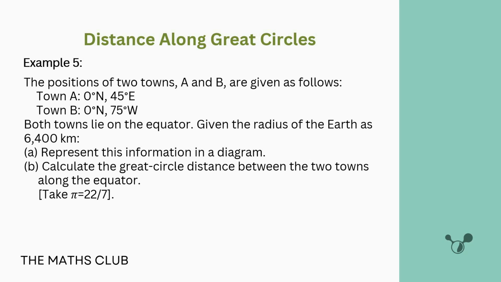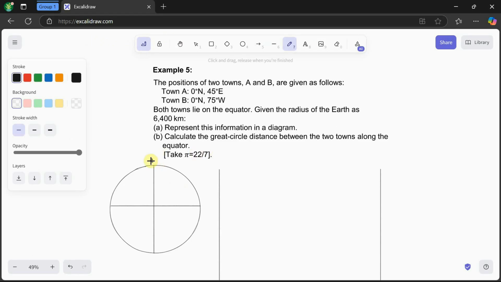Welcome back. Let's solve it together. So this is north, this is south, this is west, and this is the east, and this is 0 degree. So let's draw the circle around the equator. Just draw one small circle to show that it's a circle around the equator. Great. So let me also draw it here too. It now says that this is 45 degrees east.